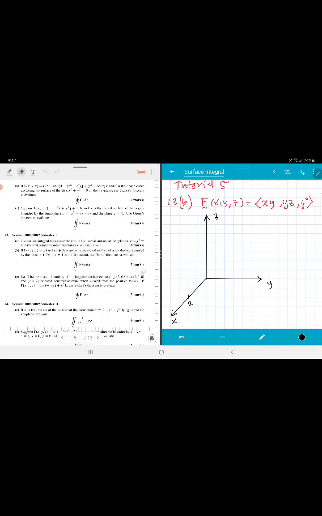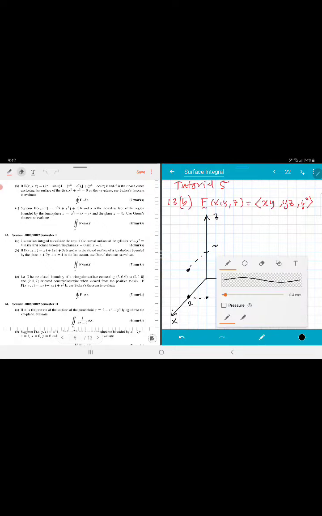Then (2, 1, 0), so let's say that's a 1. And another one is (2, 0, 2), where y is 0 and z is 2. So we have all the 3 points.